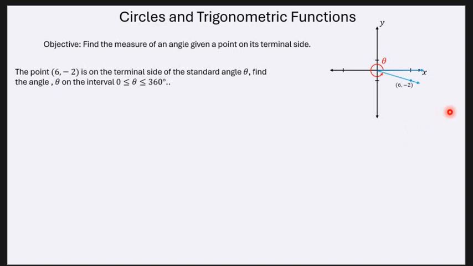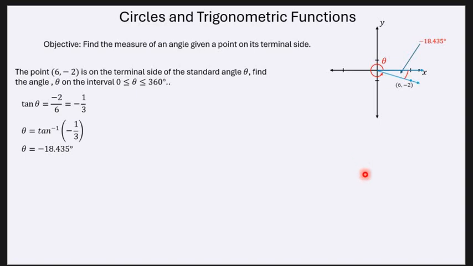So let's go ahead and look at it. We're going to do the tangent of negative 2 over 6. So the tangent of negative 2 over 6 is the tangent of negative 1/3. The angle we're looking for, we can find it by taking the arctangent of negative 1/3. When we do that, we get the angle negative 18.435. We've already done that. We know that that's this angle here.